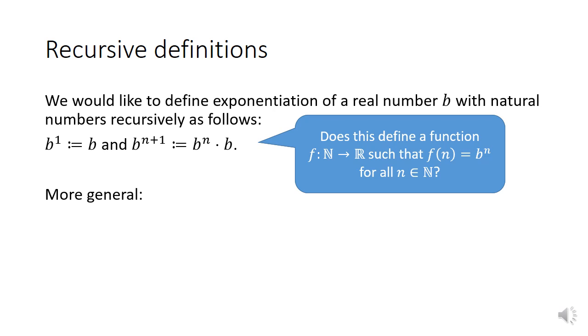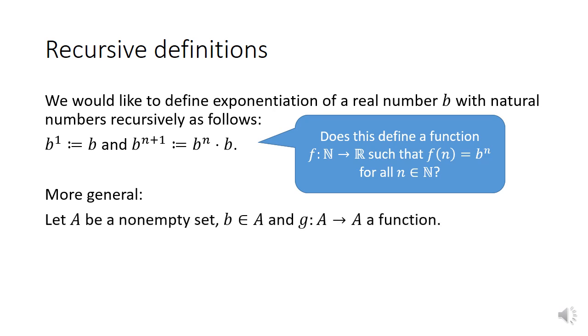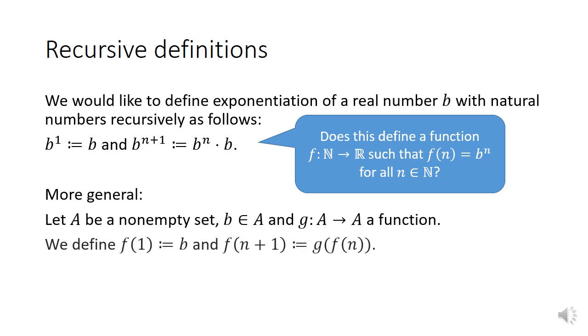More generally, let A be a non-empty set, b a member of A, and g a function from A to A. In our example of exponentiation, A was the set of the reals and g was the multiplication by b. Now we define f of 1 is b and f of n plus 1 is g of f of n.